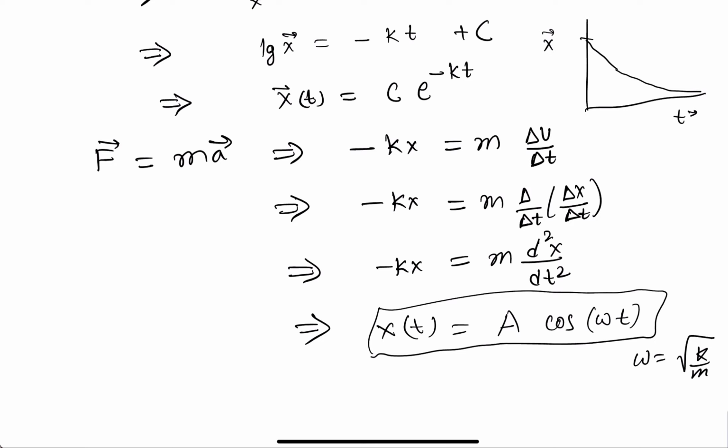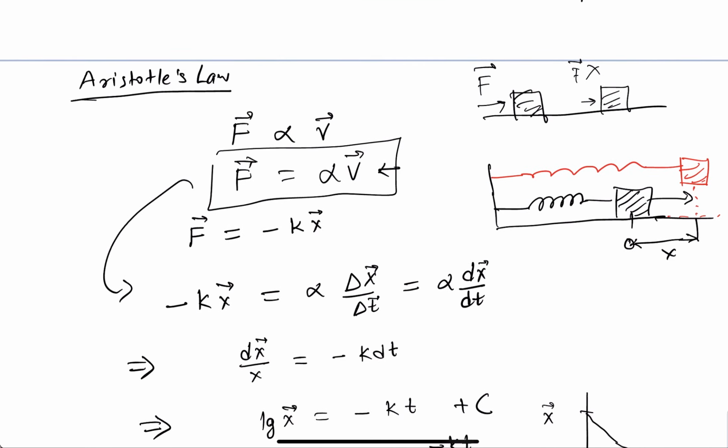Okay, and what do we observe? If we do this experiment, you can very easily do it. You can go to the lab, take a spring, connect it to a mass. You can put it on a frictionless table. If you have friction, then the situation will be a bit different.